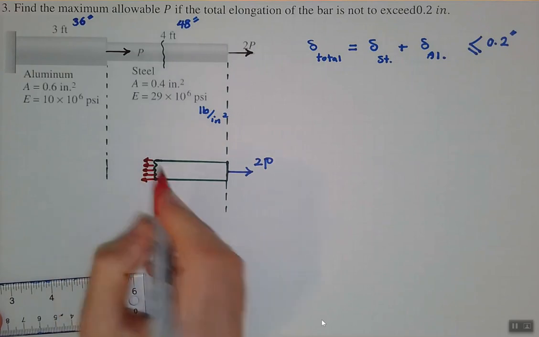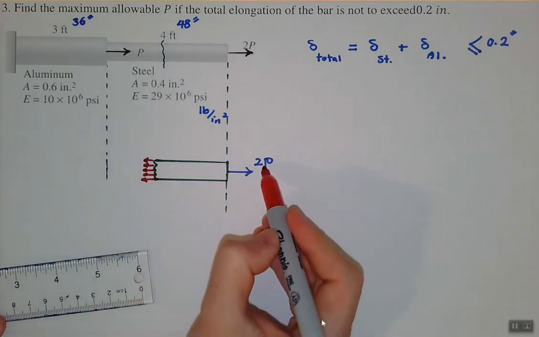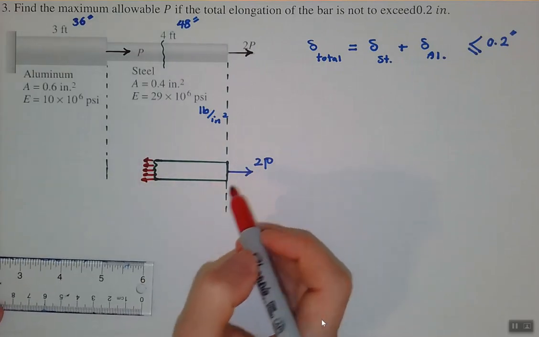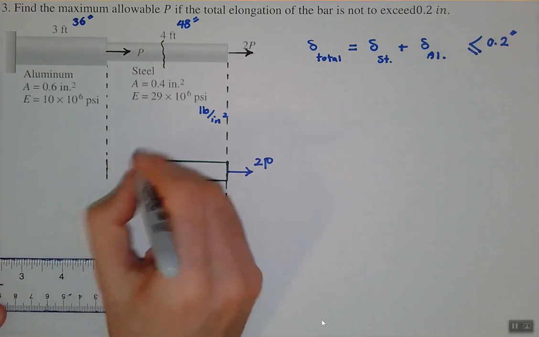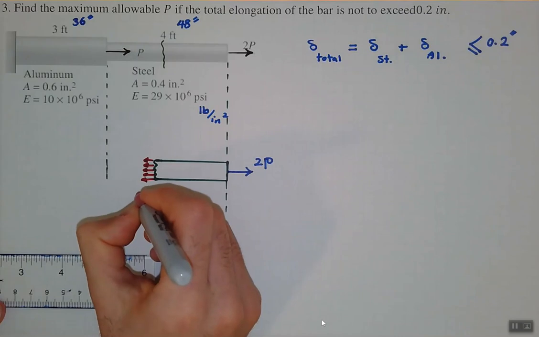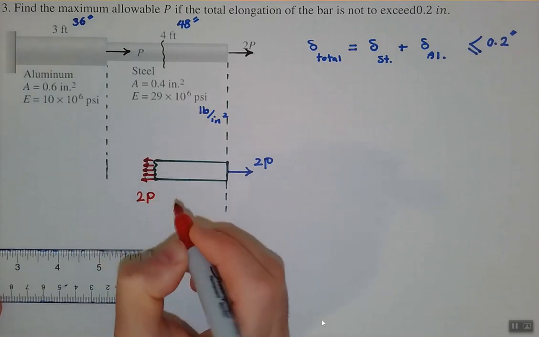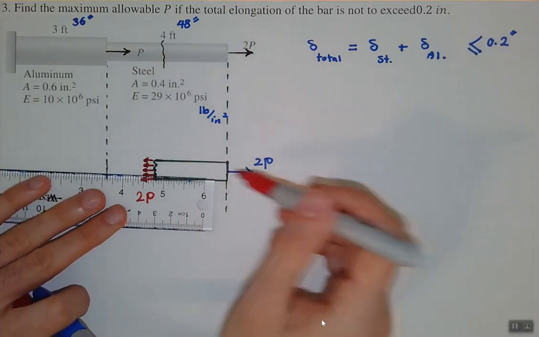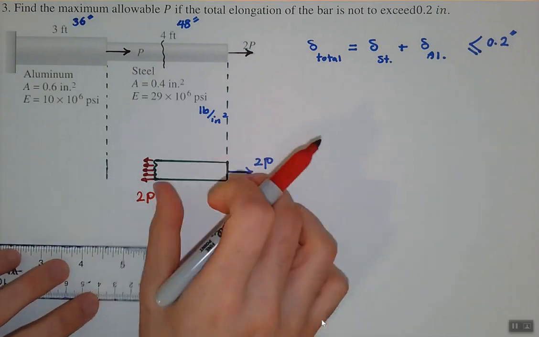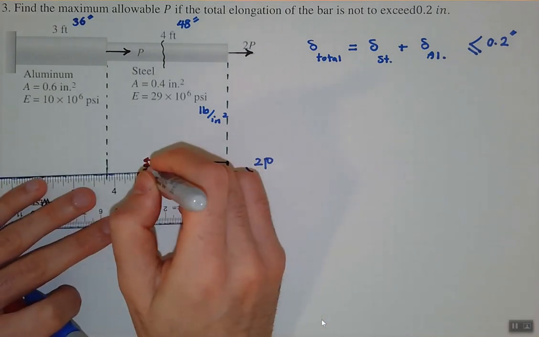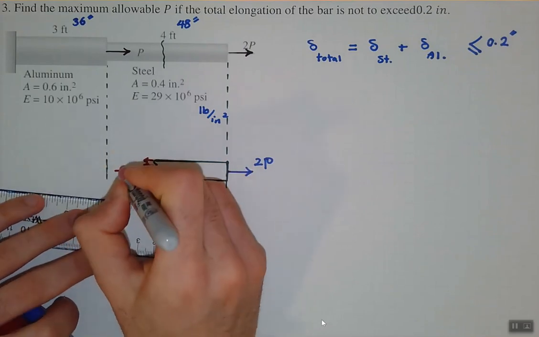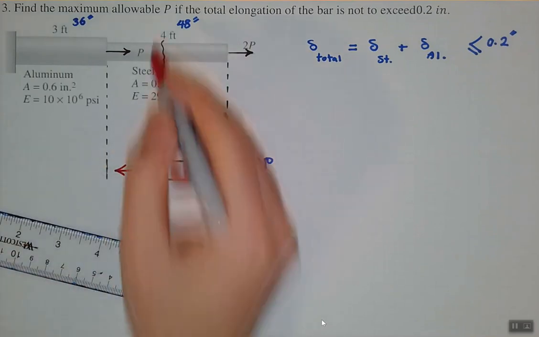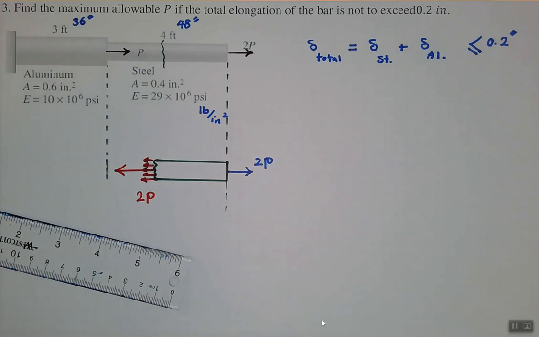And these internal loads have to balance this 2P. So immediately we notice that the combination of all these loads has to be 2P, to cancel out this 2P, otherwise everything starts walking. So then we decide that the internal load for this section is 2P. We do the same for the other section.